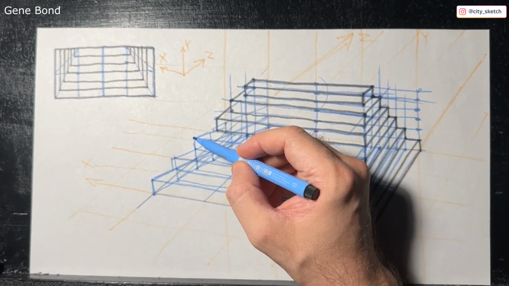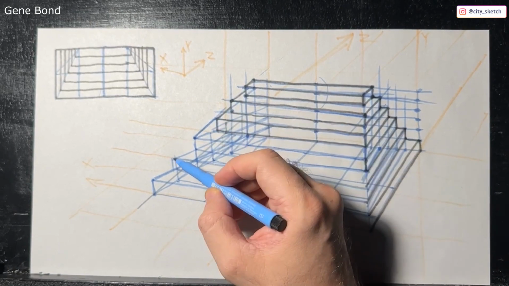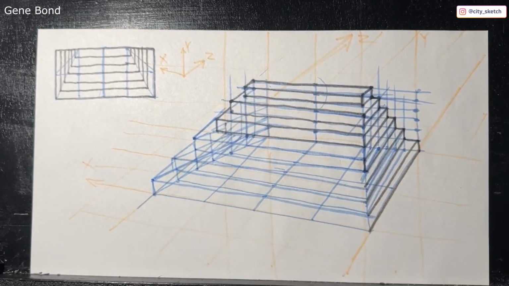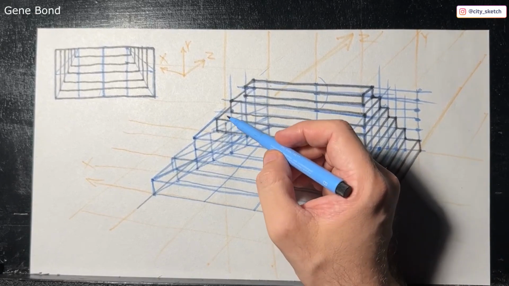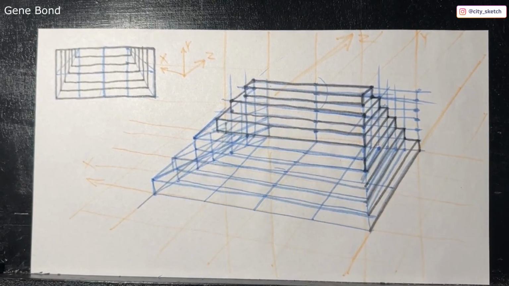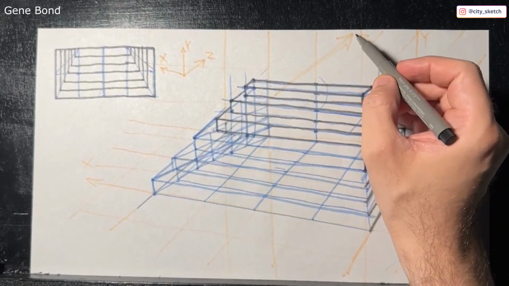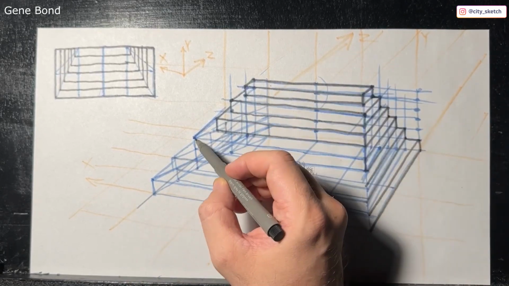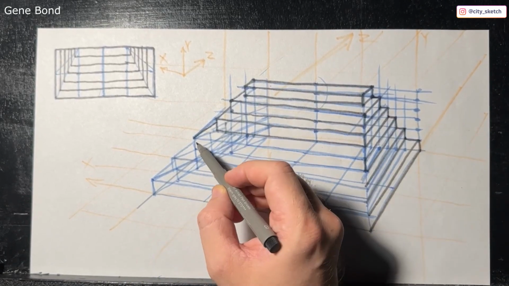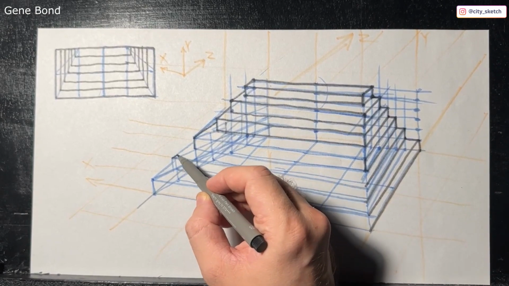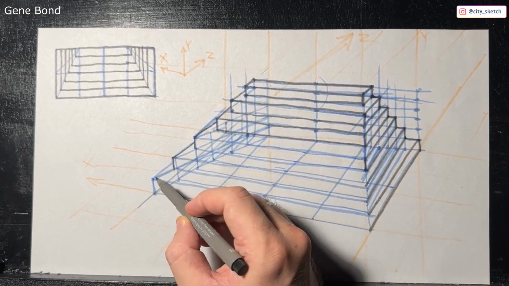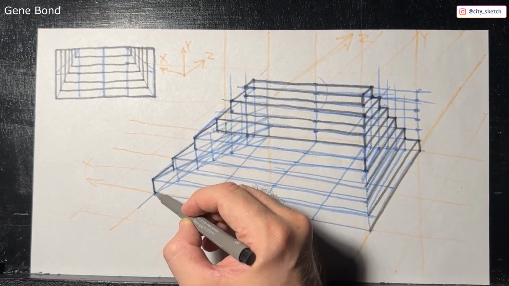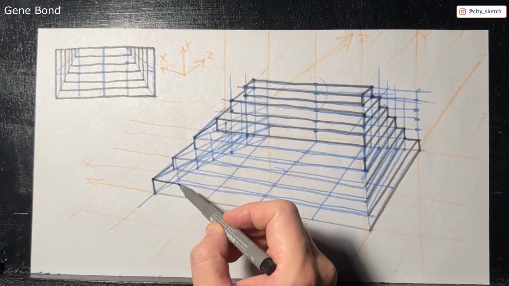And then here it goes this way. So just make sure I follow convergence. If you follow the perspective grid, it will be a little like this. So double check sometimes.